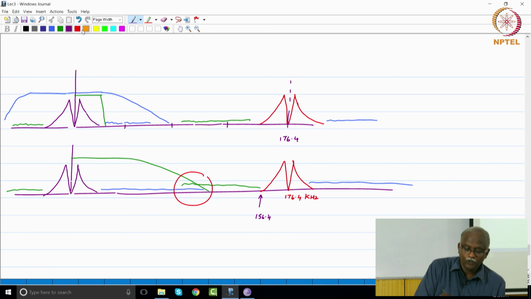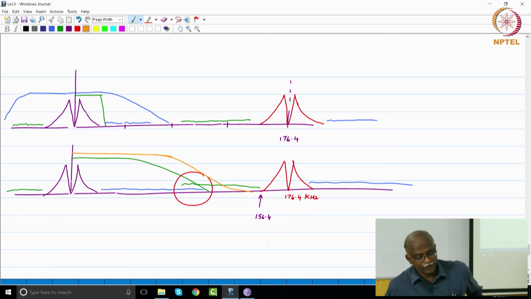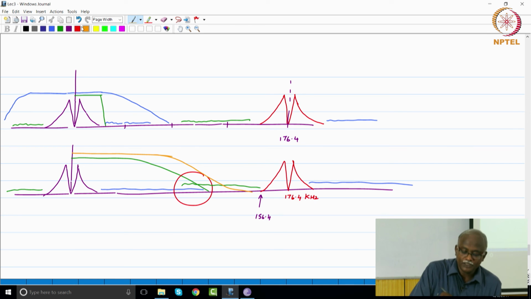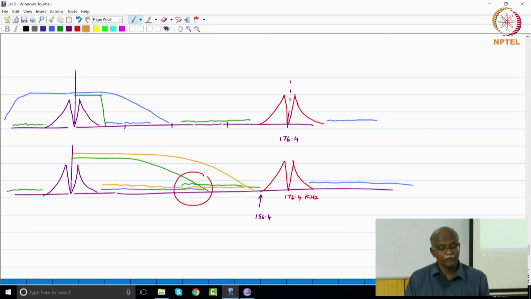It turns out that I can go all the way up to 156.4. So, I go all the way to the maximum level possible. That means this orange filter is going to allow some unwanted stuff, and when I do the sampling process, that will be sitting here, but my digital filter will take care of that. Notice the orange stuff is removed in the process.